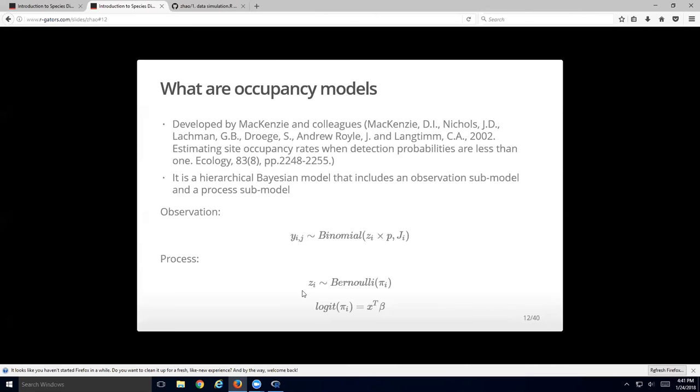And this true but latent status Z, as I said, has value 0 or 1. So obviously, it can follow a Bernoulli distribution with pi, and then logit pi is a function of your covariates. So that will be that. But as I said, at least this model is not very convenient to detect any nonlinear relationships.